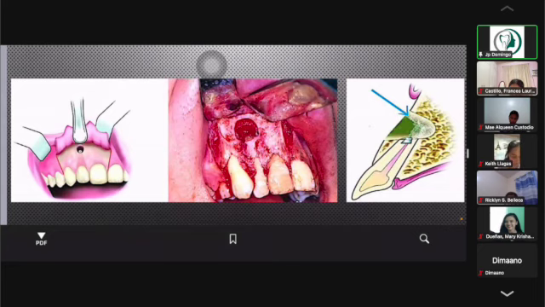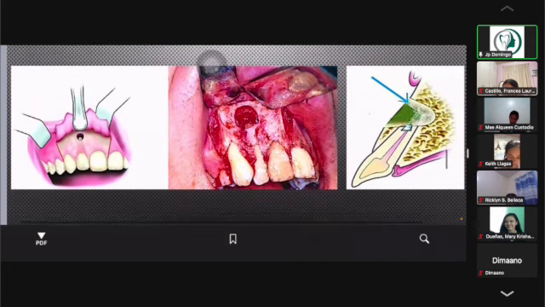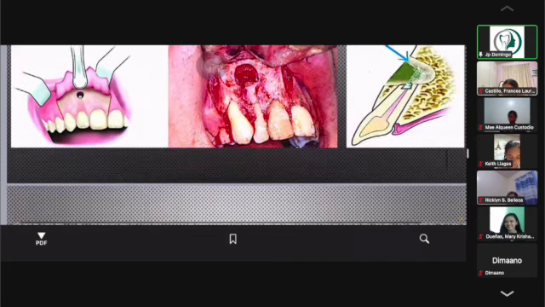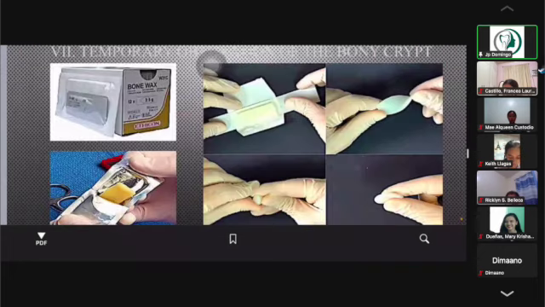Bone wax is preferred over gauze, since gauze can easily be displaced because it does not adhere to the bone compared to bone wax. Okay, paano ba yung bone wax? Ayan, ganyan yung bone wax. Ganyan ang itsura ng bone wax natin. Bone wax is readily available in sticks or plates.